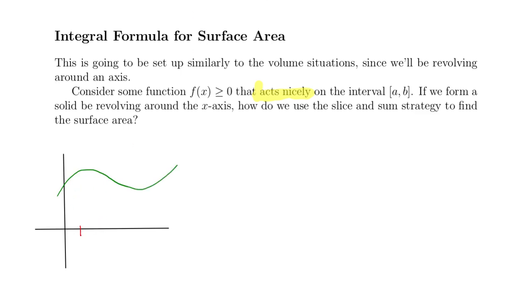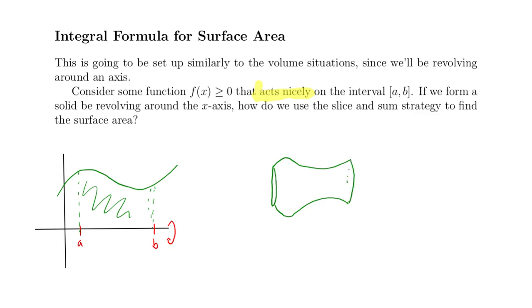We're going to have some point A and some point B. We're going to revolve this region here around our axis. And we've seen shapes like this already, and we know that that's going to create some sort of, I'll draw it as best I can, this kind of a vase-like shape. And our question is, how do we find surface area?